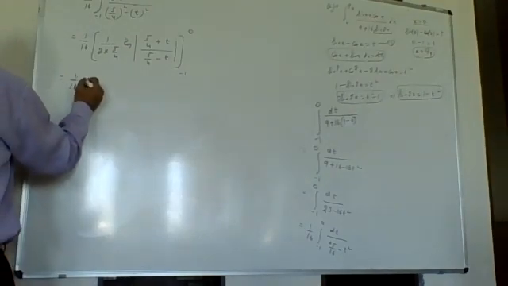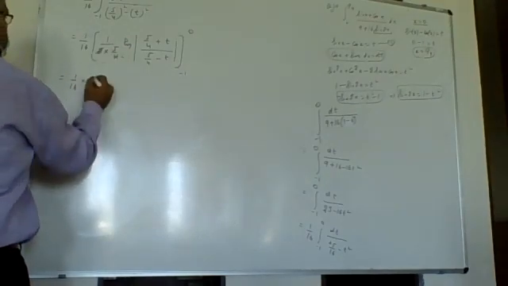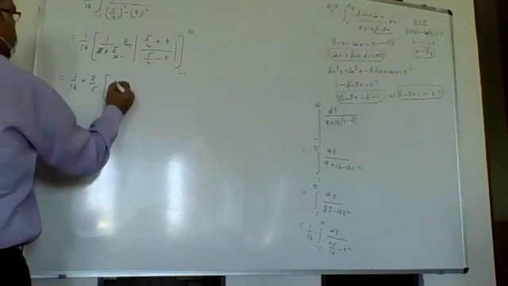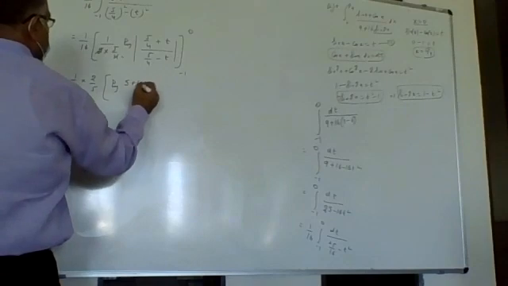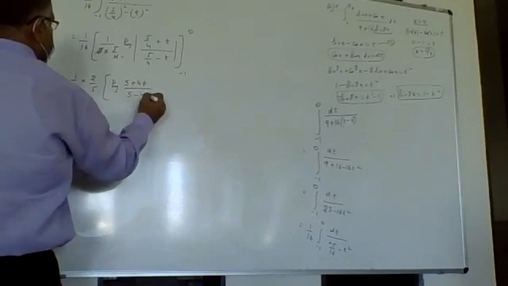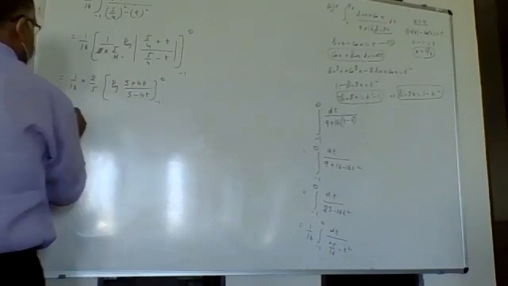This is 1 by 16, it goes to 2 by 5 log of (5 plus 4t) upon (5 minus 4t), from minus 1 to 0.